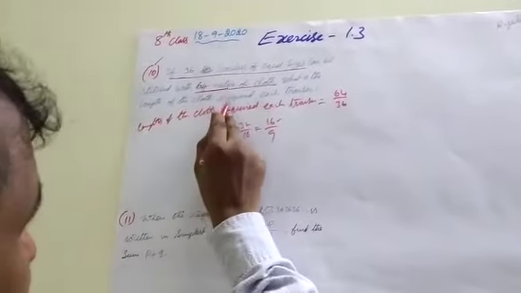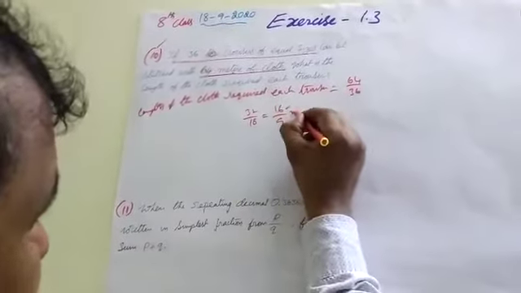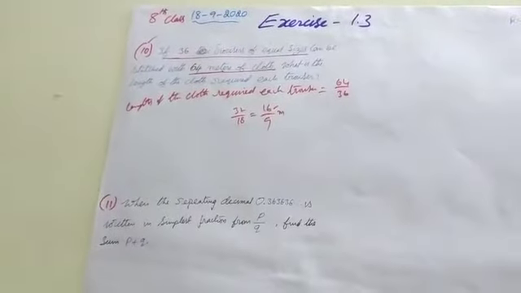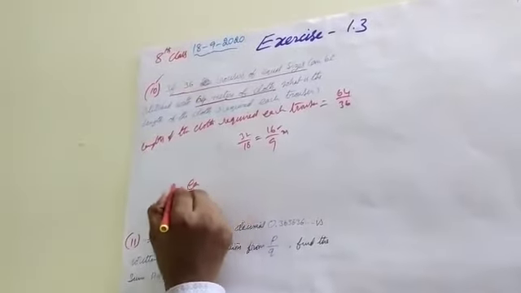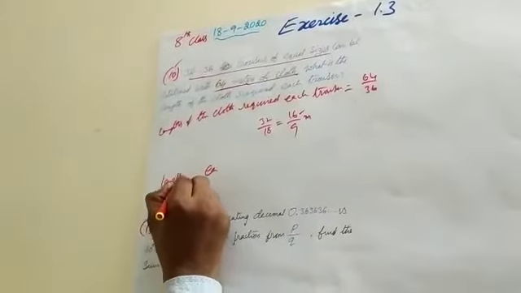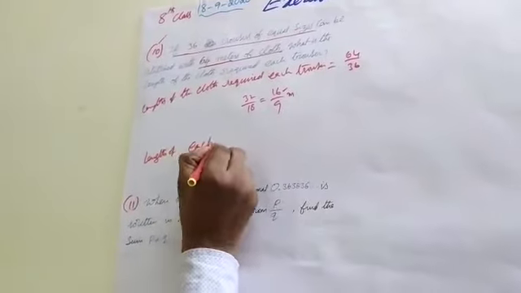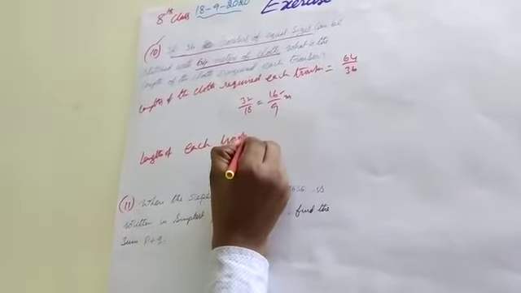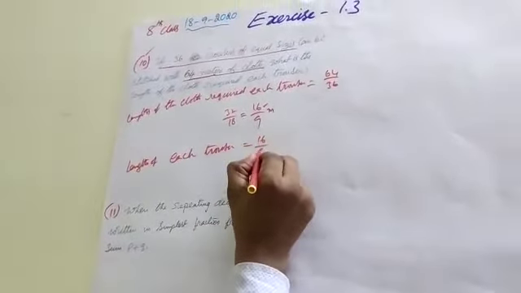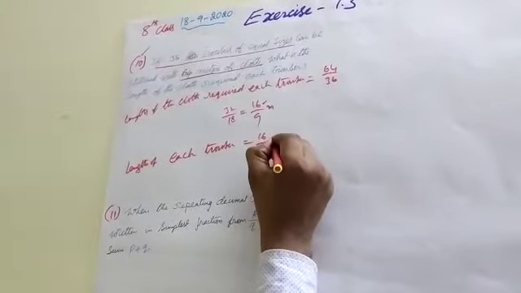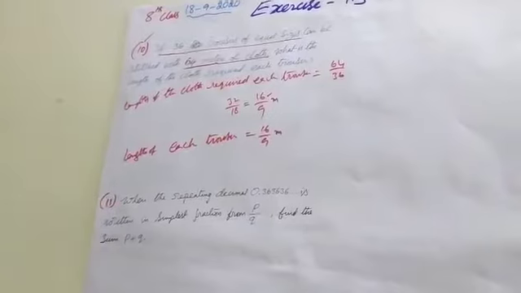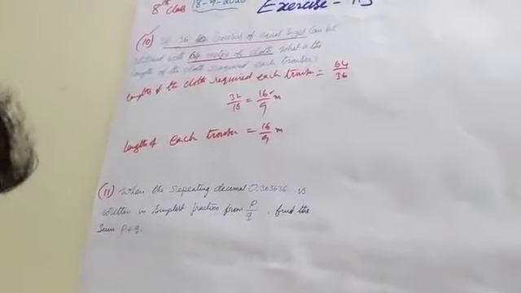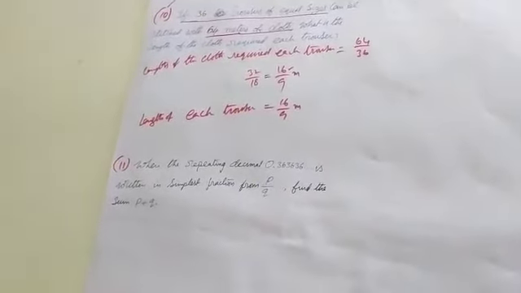The length of the cloth required for each trouser is equal to 16 by 9 meters. Go to 11th.